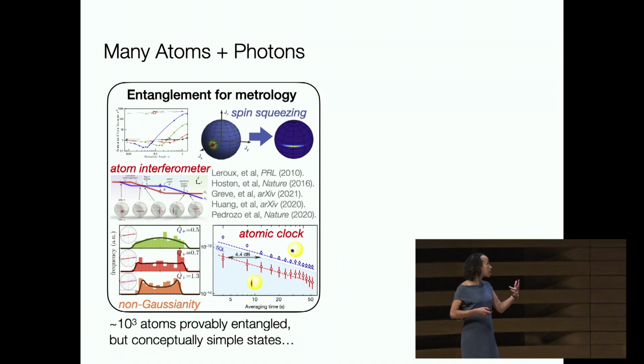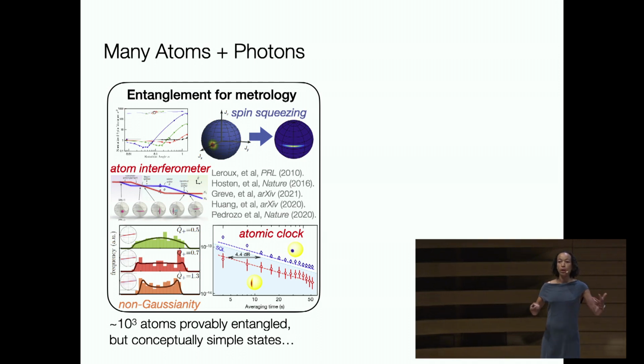These are systems where provably thousands of particles are entangled in conceptually simple quantum states that one can visualize, like in this picture showing the collective magnetization of some group of atoms and the fluctuations around that. So this is powerful for these metrological applications. For other directions, such as quantum simulations, one wants to venture beyond this space of states that can be described by a single collective spin.